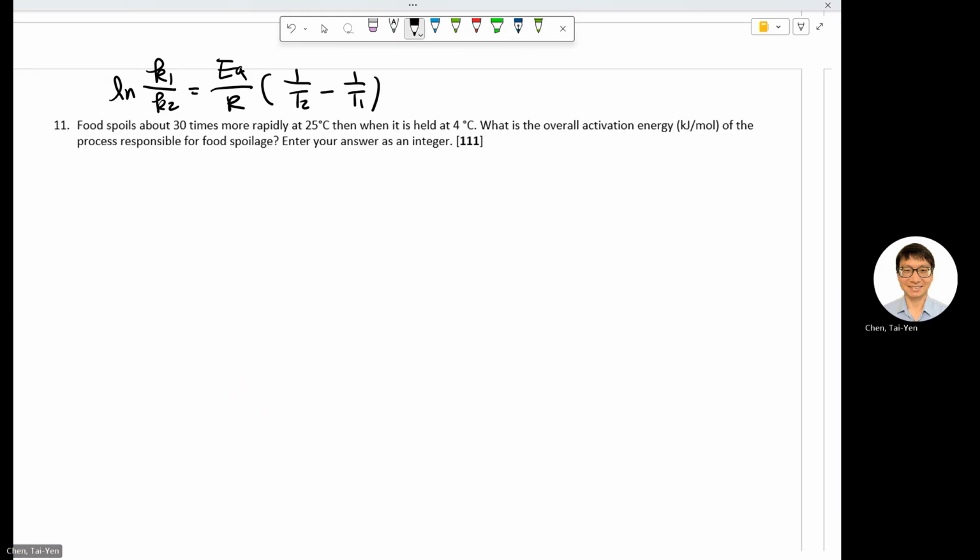So yes, that is the equation I'm going to use. Okay. Actually, once you figure out what equation to use, you already have your plan, right? Then go back to your QE pad. The thing you want to calculate is what? Activation energy, right? EA, right? So this is the one you need to calculate. That means you need to figure out K1 over K2, and figure out 1 over T2 and 1 over T1, then you're done, right? Data.